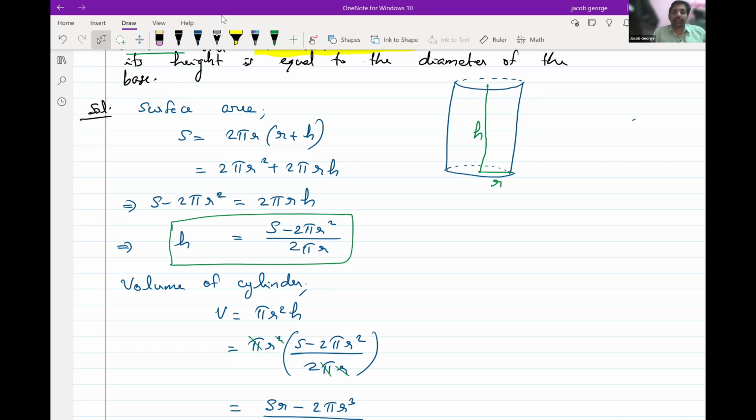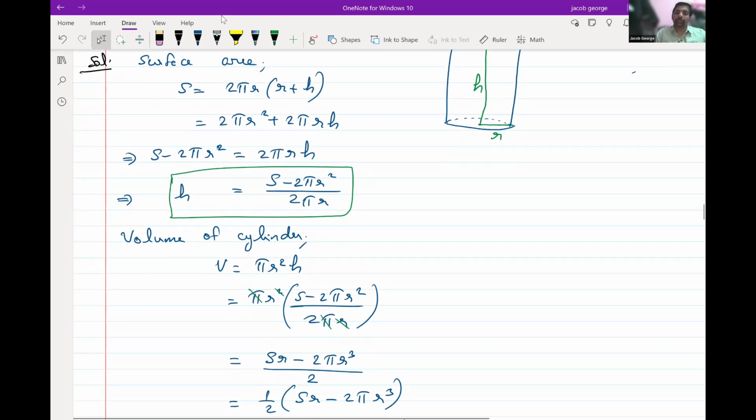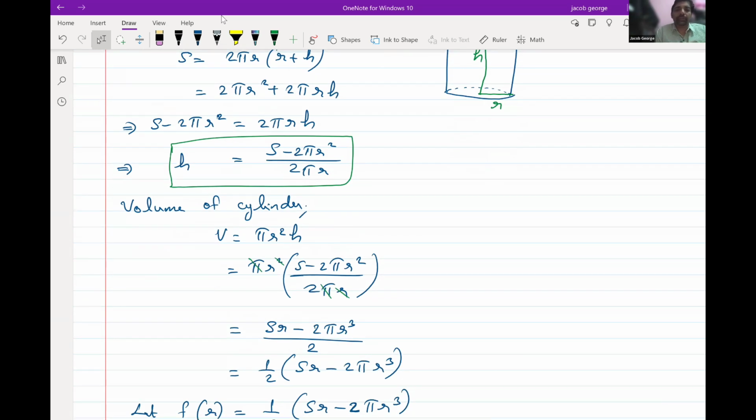Cancel out pi, cut r and r square. Then we open the bracket, s r by r cube by 2. That is half into s r minus 2 pi r cube. So volume of cylinder is half into s r minus 2 pi r cube.